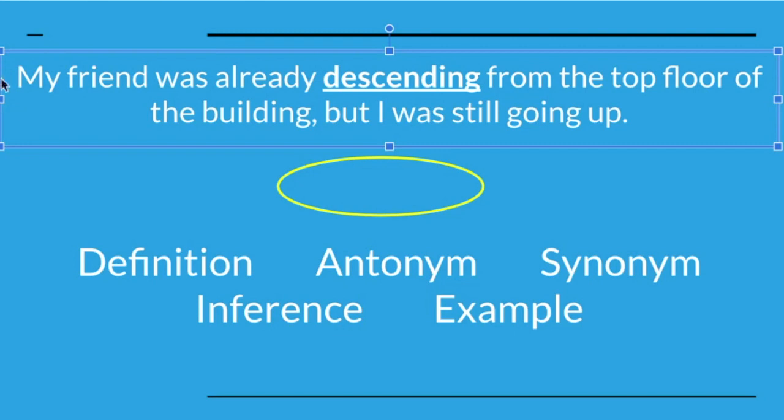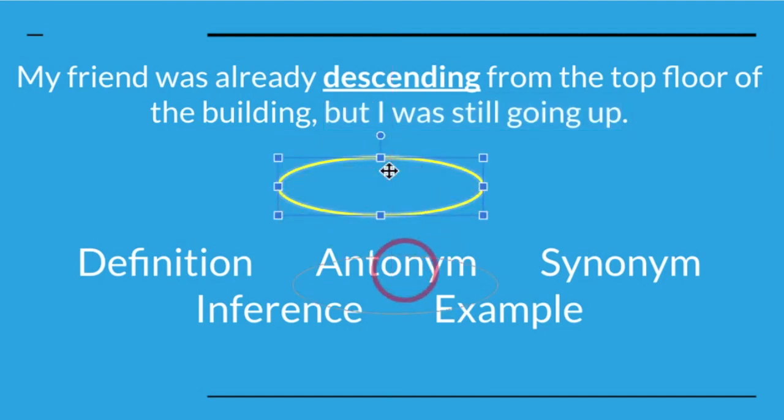My friend was already descending from the top floor of the building, but I was still going up. The unknown word here is descending. So she was descending from the top floor of the building, but I was still going up. What type of context clue is being used here to help you understand the meaning of the word descending?